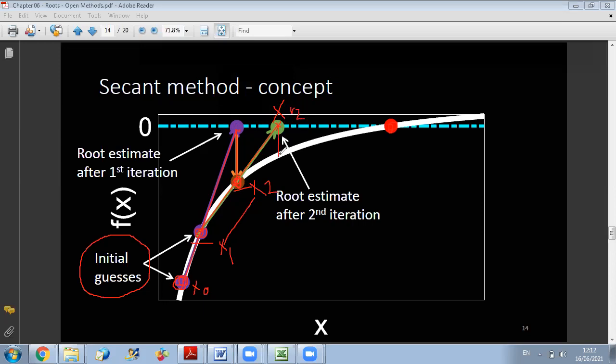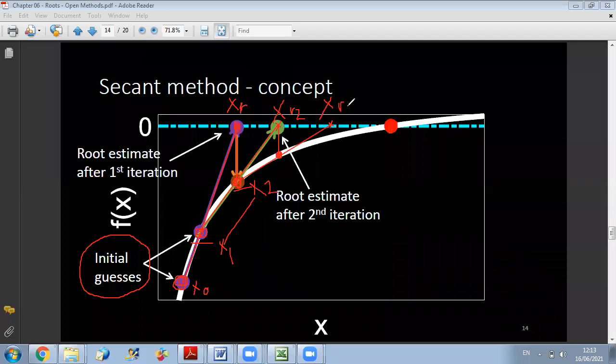Now to proceed, you find the corresponding point on the graph. So now you will continue to iterate between these 2 points. All you have to do is join this point and this one. So this is your new line. Now you obtain a third estimation of your root. So this is xr3. As you can see, you are approaching.